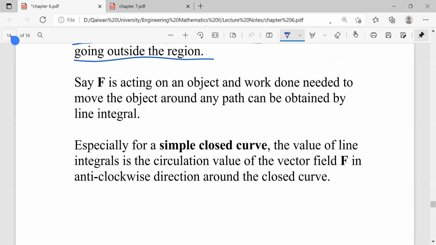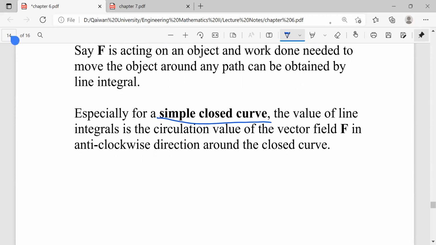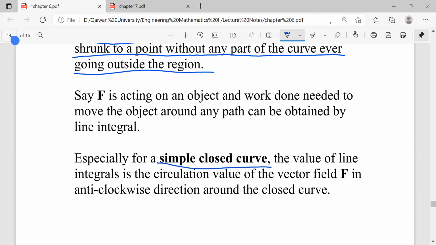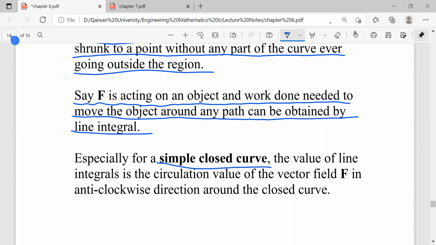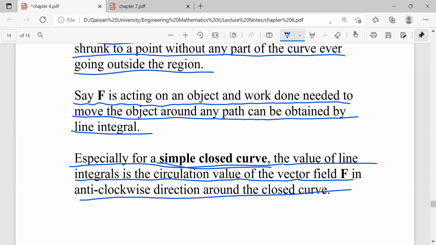And we have simple closed curve. For a simple closed curve, if a force is acting on an object, the work done needed to move the object around any path can be obtained by the line integral. Especially for a simple closed curve, the value of the line integral is the circulation value of the vector field in the anti-clockwise direction around the closed curve.